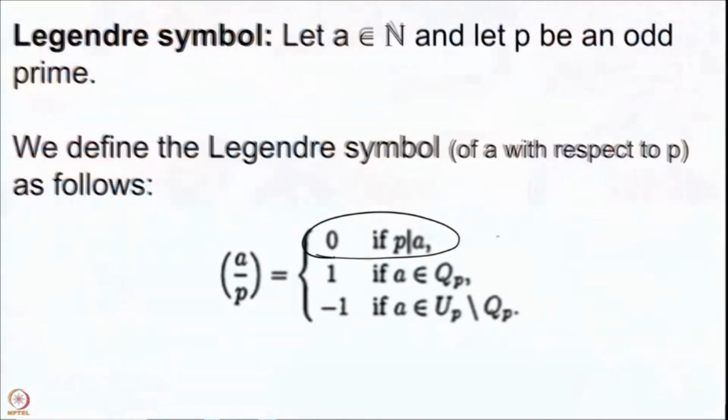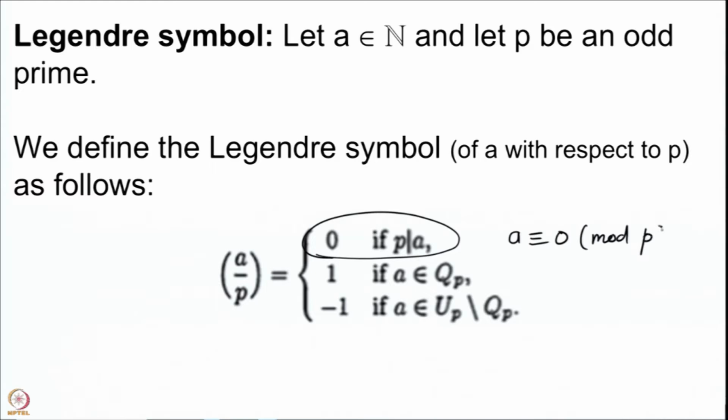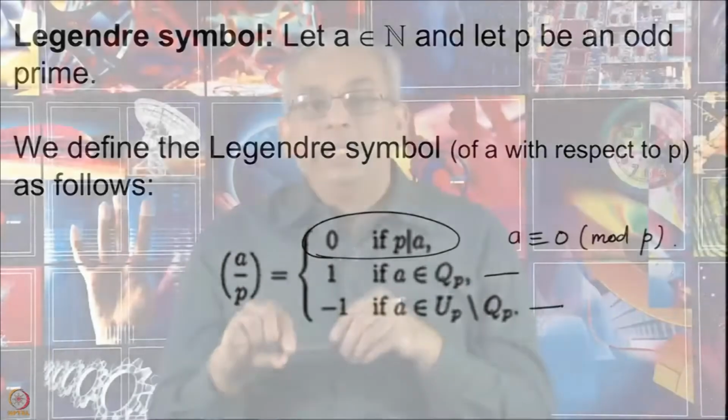And this is of course to say that when A is congruent to 0 mod P, that is what we are going to have here. So, whenever you have A not congruent to 0 mod P, the Legendre symbol can be 1 or -1 depending on whether A is a square modulo P or whether A is not a square modulo P. So, this Legendre symbol has 3 values.